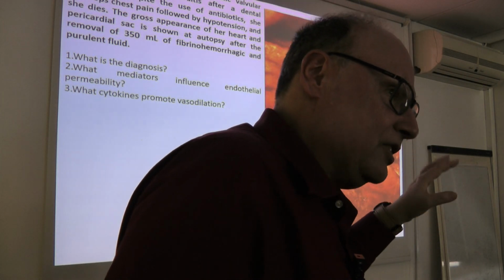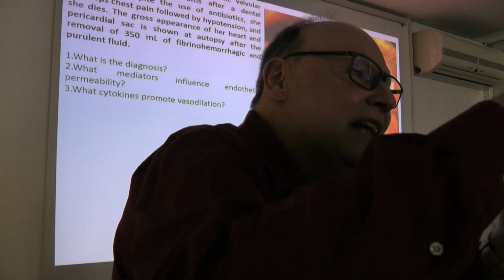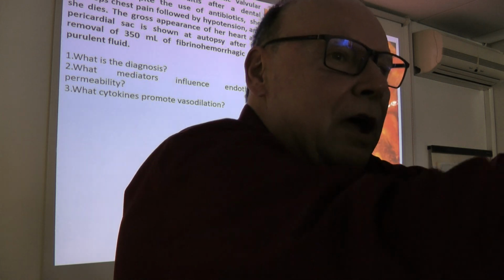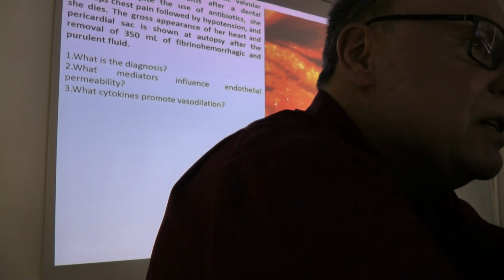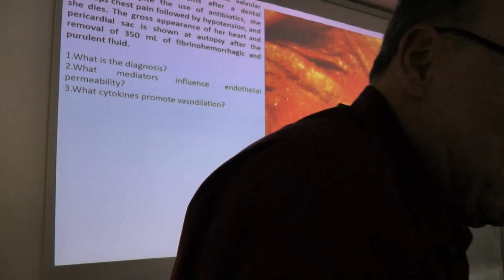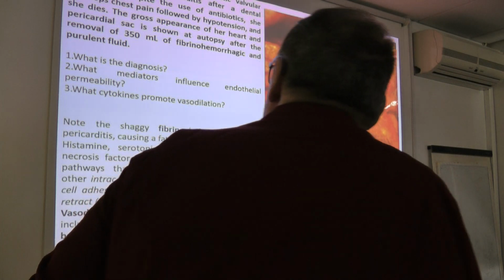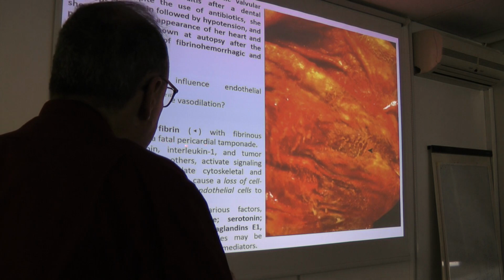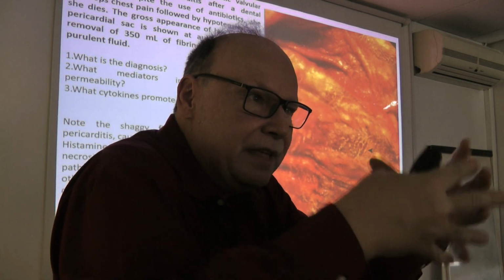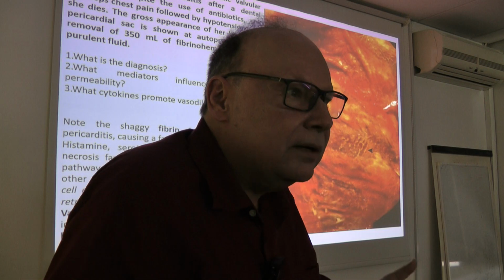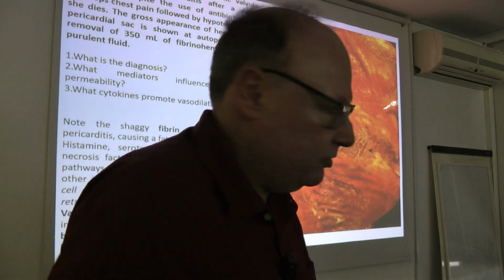Because if these areas are organized, they form adhesions, and between the two layers of the pericardium, the whole heart is entrapped and cannot work properly, okay? So this is fibrinous pericarditis, and this caused a fatal pericardial tamponade. That means the heart was entrapped and could not move, could not work. And that caused the death of the patient, okay?